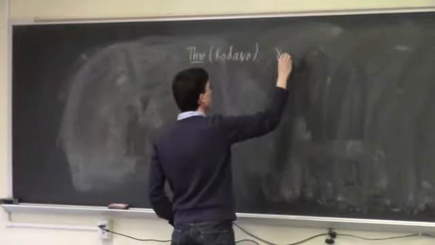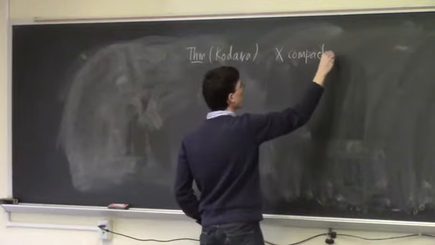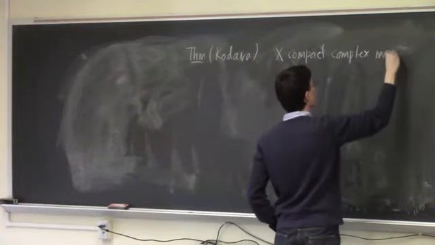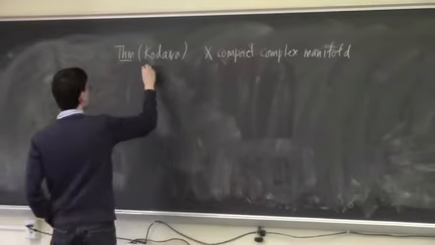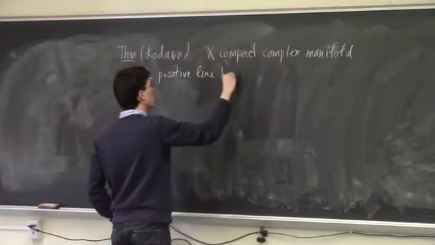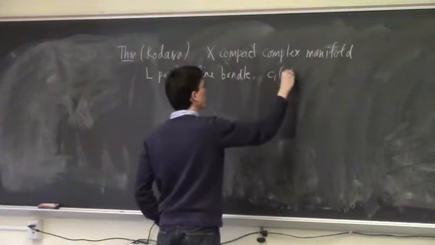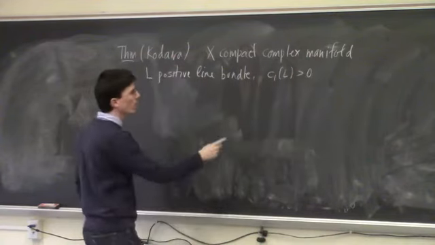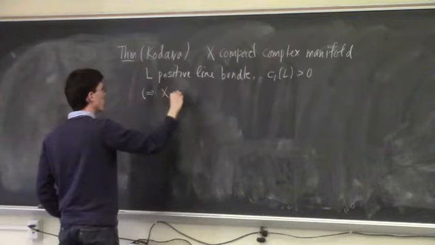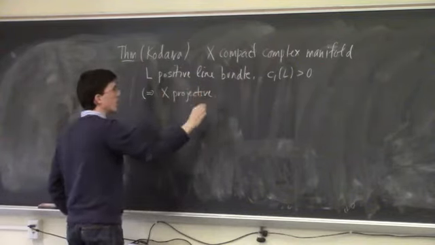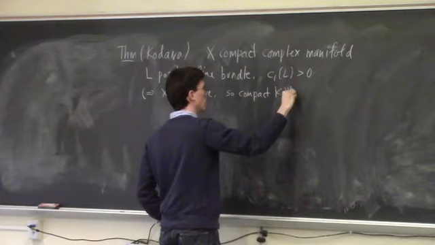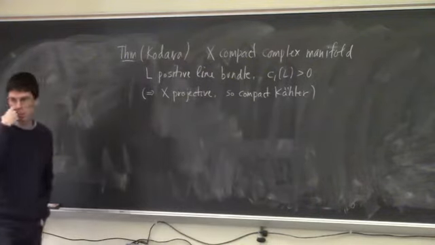This says that if you take X to be a compact complex manifold, and you take L to be a positive line bundle, positive in the sense that the first Chern class is positive, this will imply that X is actually a submanifold of projective space, and so in particular it's compact Kähler. That's just in parentheses. We're really talking about projective manifolds in this case.